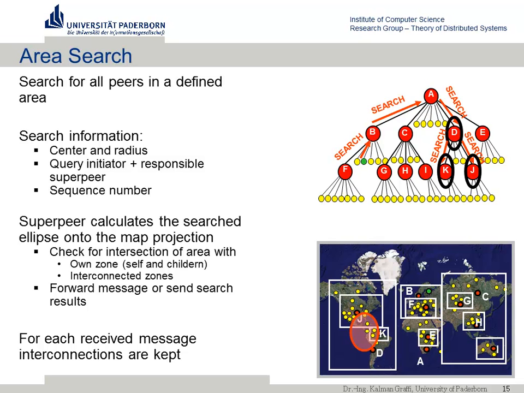As you can see, in this path, A is the first one, and A pushes down the request to all of the nodes which are intersecting with this area. And now all of them send back the information to the peer looking for the desired area.